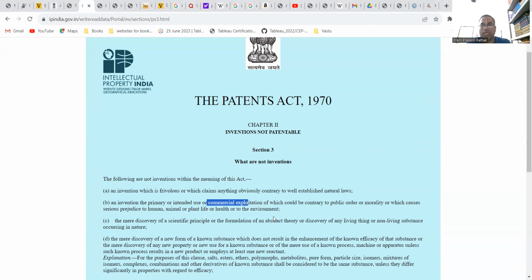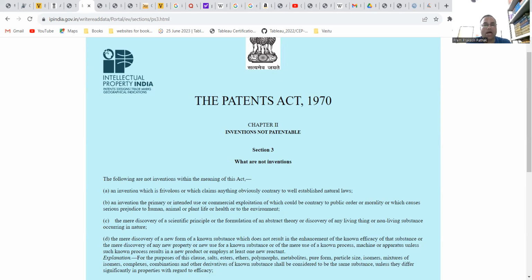So section 3A is against natural law, and section 3B you can just memorize by saying that if somebody is claiming a method of killing, a method of stealing, a method of destroying the environment, a method of burning trees, something like that, which is harmful to human, animal life, plant life, health and environment.